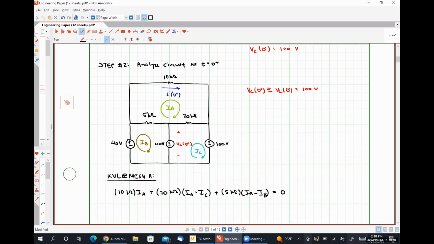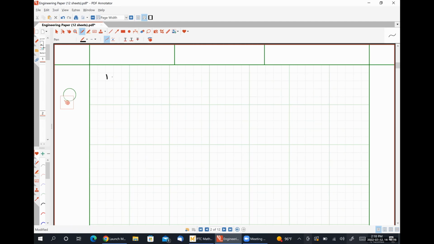Next, I'm going to do KVL around mesh B. So I'm going to have to jump back and forth between the pages here. So if I'm not mistaken, the first thing we would see would be the negative polarity terminal of the 40 volt source. Then we see our 5 kilo ohm resistor.